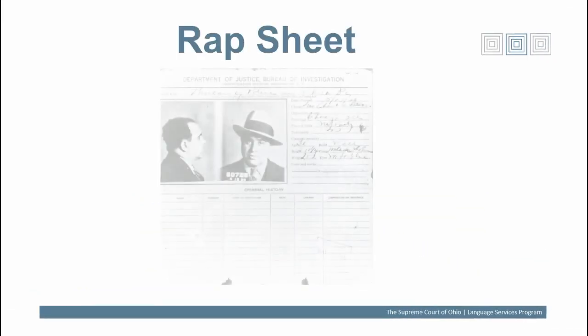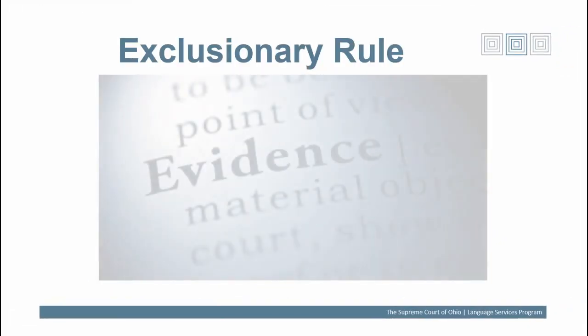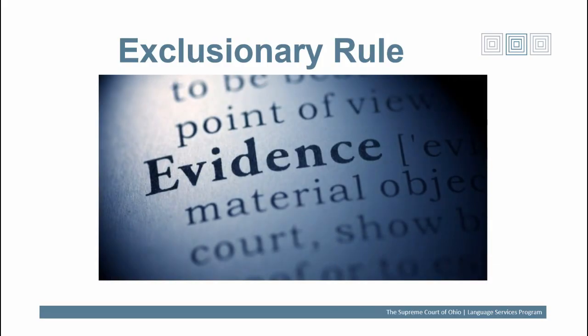Rap sheet. A rap sheet is a written summary of someone's criminal history. Exclusionary rule, the rule preventing illegally obtained evidence to be used in any trial.